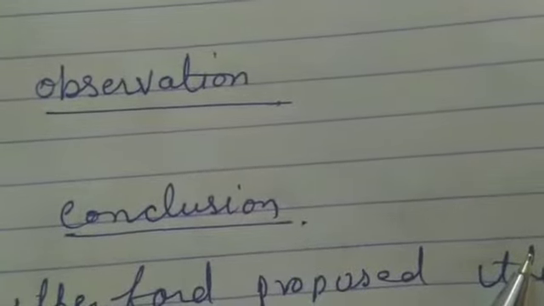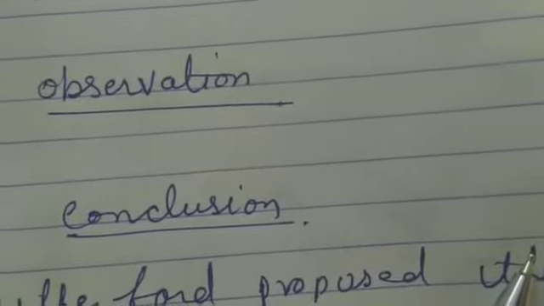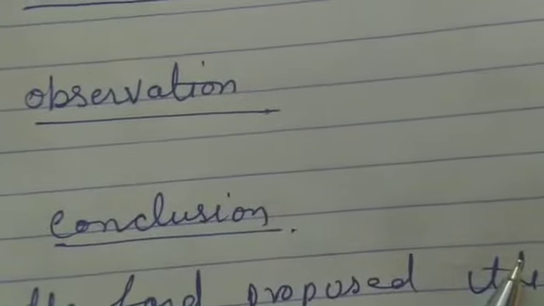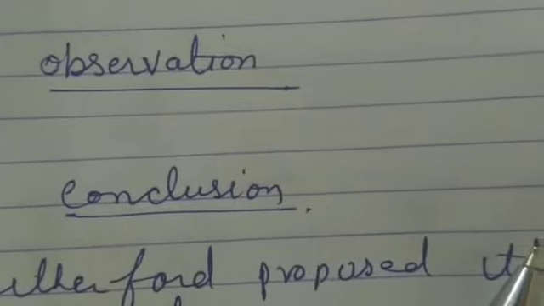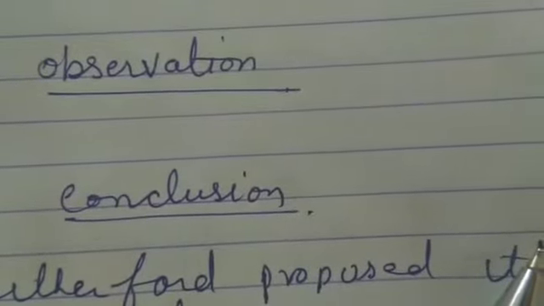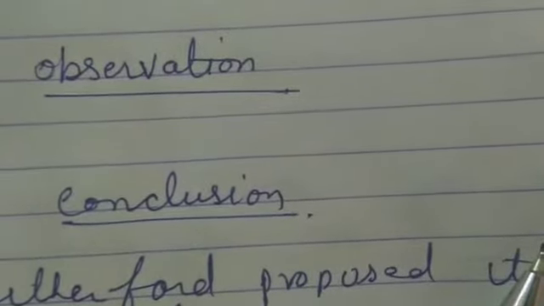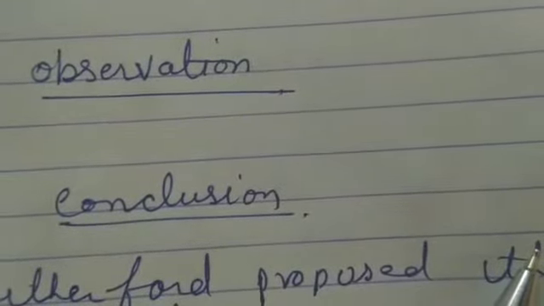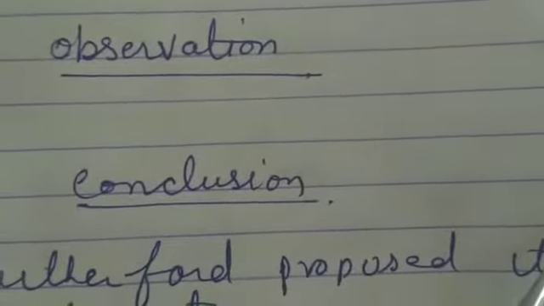And this mass must occupy a very small space within the atom because only a few alpha particles suffered large deflection. And third, very few, 1 out of 20,000, bounce back at 180 degrees. That means a direct collision with the heavy positively charged mass which is situated at the center of the atom.